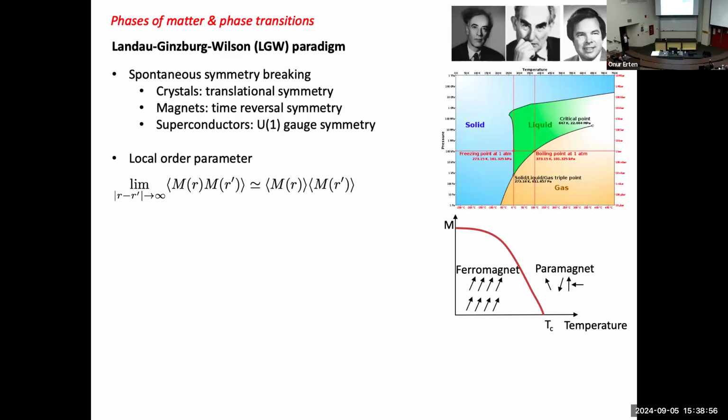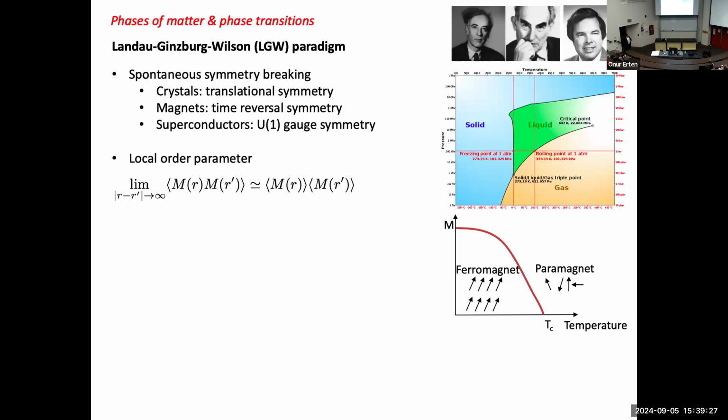So in principle, now what I do here does not really affect what happens at a different further away place. Right? So I have a local quantity associated with this spontaneous symmetry breaking. So this is in principle the spontaneous symmetry breaking and the local order parameters are how we define phases of matter in the context of Ginzburg-Landau theory.